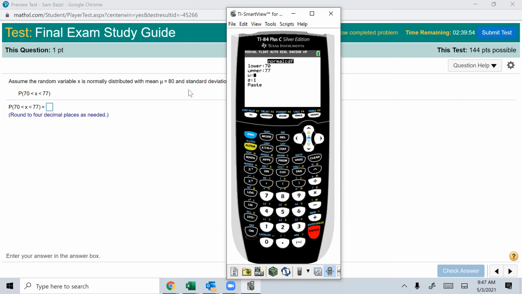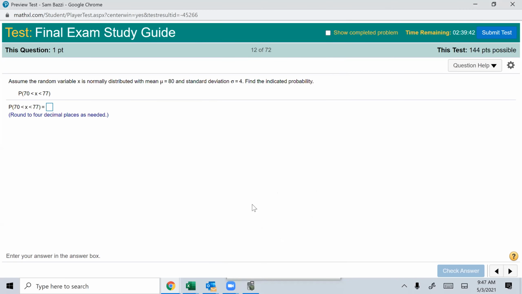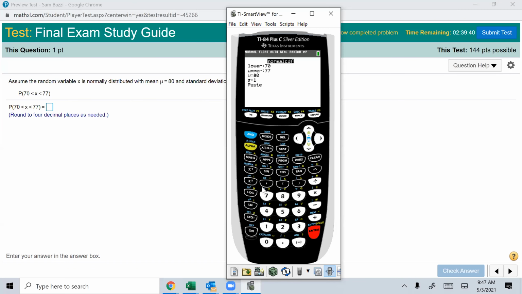So the mean is 80 and the standard deviation is 4. And press enter. There you go. 0.2204.